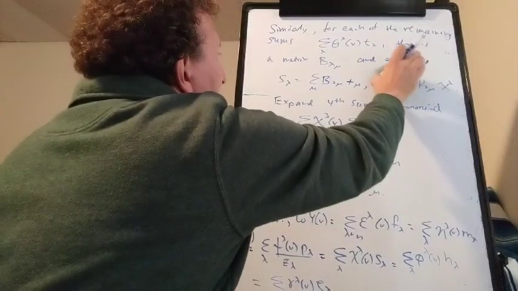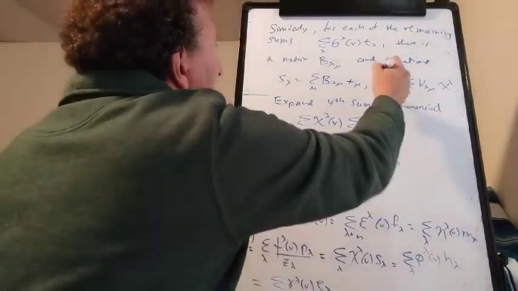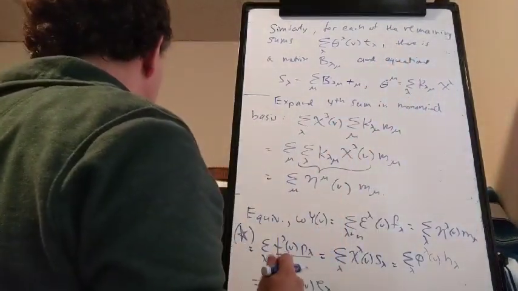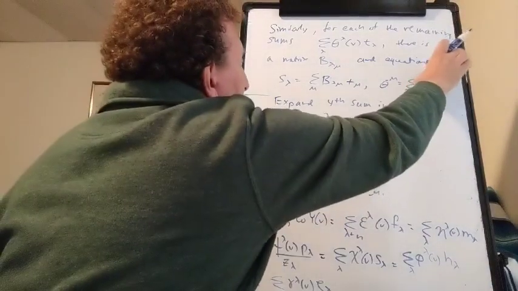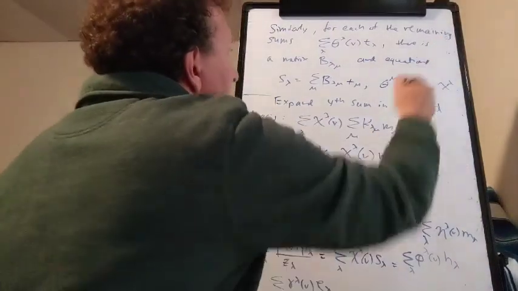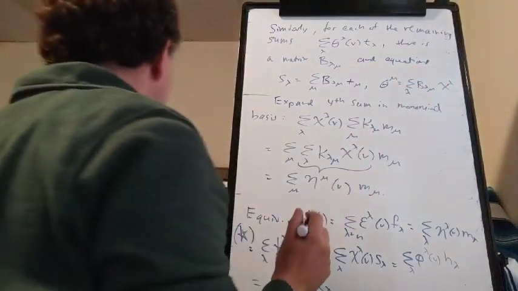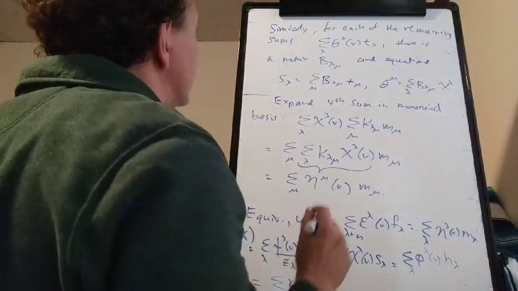and theta mu equals the sum of b lambda mu chi lambda.